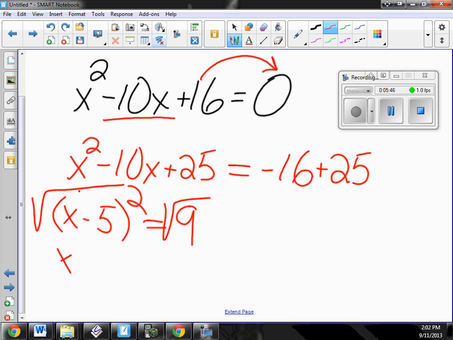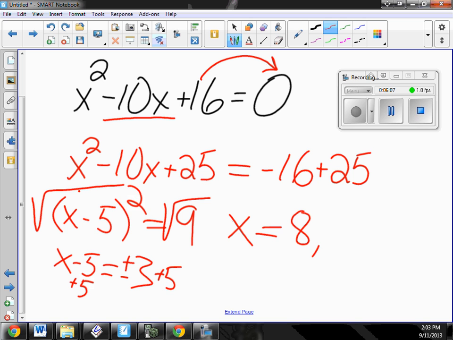And I get x minus 5 equals, don't forget the rule, plus or minus 3. And then I add 5. So x equals 3 plus 5 is 8. Negative 3 plus 5 is 2.